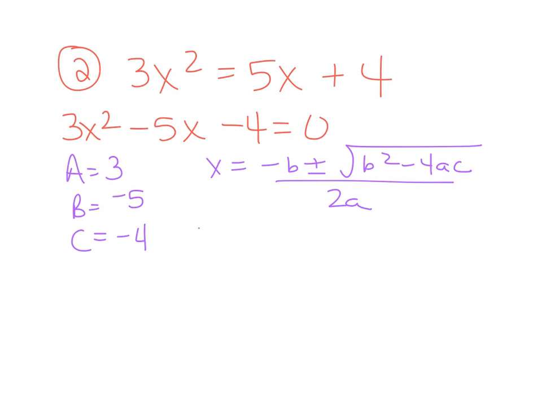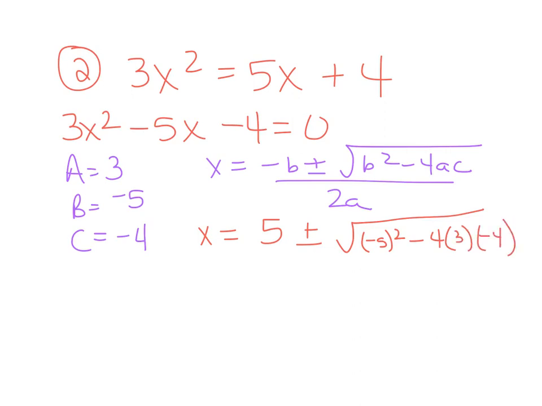All right, so now I've got x equals, now -b, but b is negative. That means this is going to become a +5 plus or minus. B squared is -5 squared minus 4 times a is 3, c is -4, all over 2 times 3.